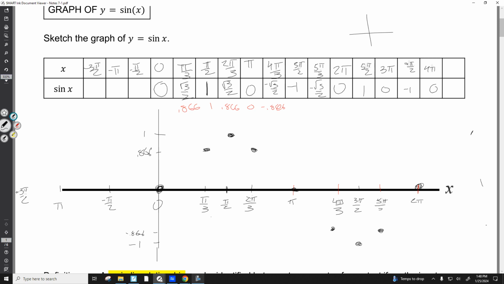Again, negative pi over 2, coterminal with 3 pi over 2, we're going to get a -1. Negative pi, coterminal to pi, 0. Negative 3 pi over 2, coterminal to pi over 2, we're going to get 1. And we get the repetition of this wave graph.